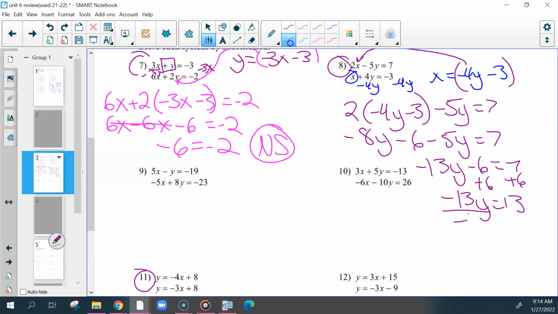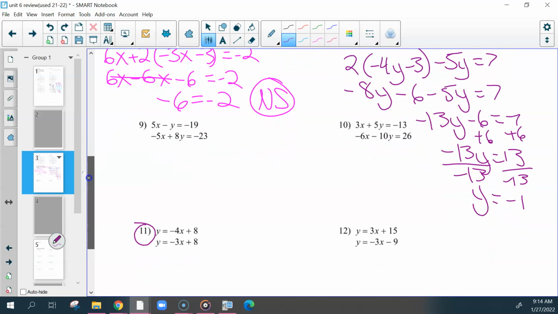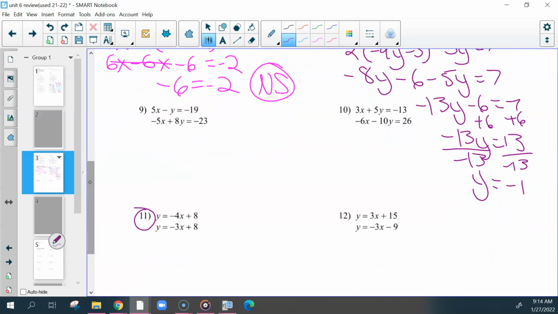And then divide by negative 13. Jenna? I got the same answer, but in a fraction. Because you didn't solve for x at the beginning. Oh yeah, I see.